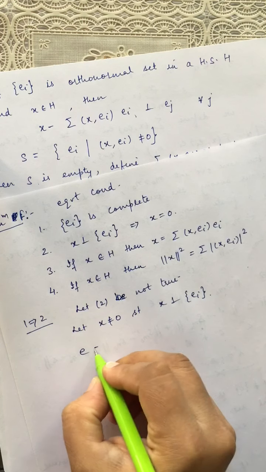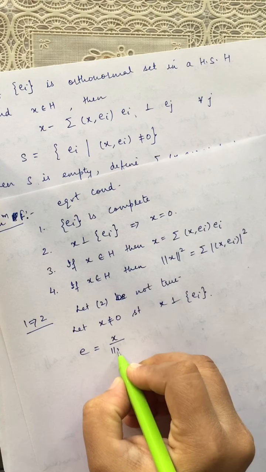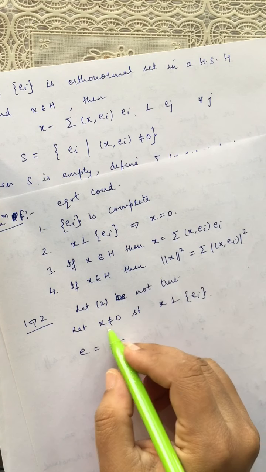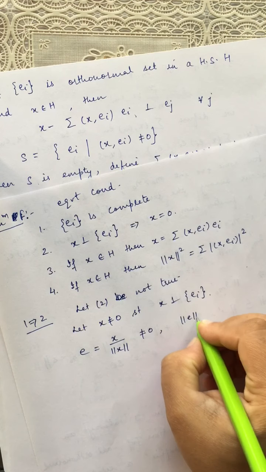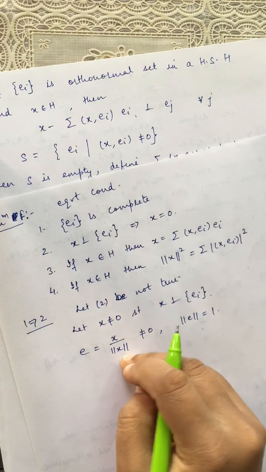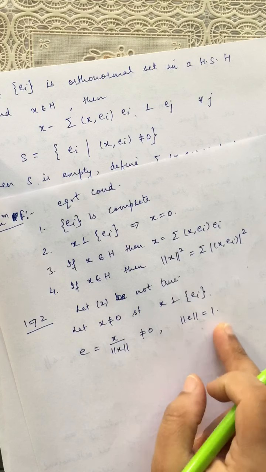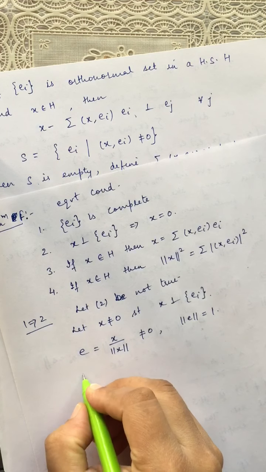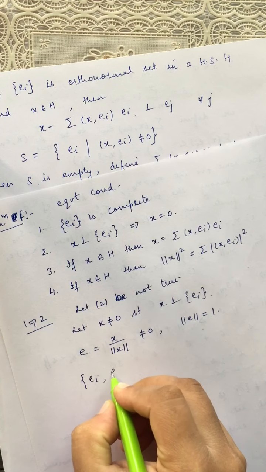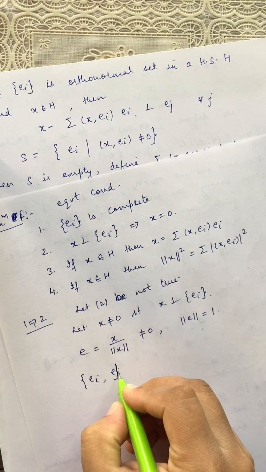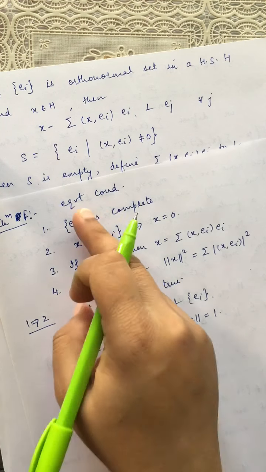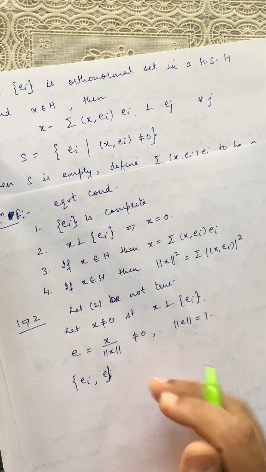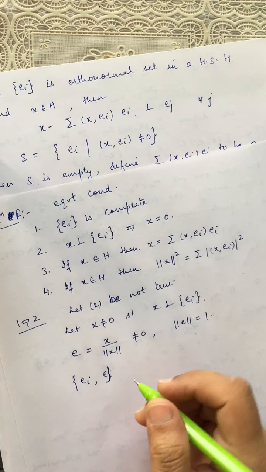Now we define a vector E, which is X upon norm X. Since X is non-zero, this is a non-zero vector, and when we divide X by its norm, the norm will be just 1. So we can observe that the vectors EI along with the vector E, means if we add this vector E to the given complete orthonormal set, then this is also an orthonormal set.